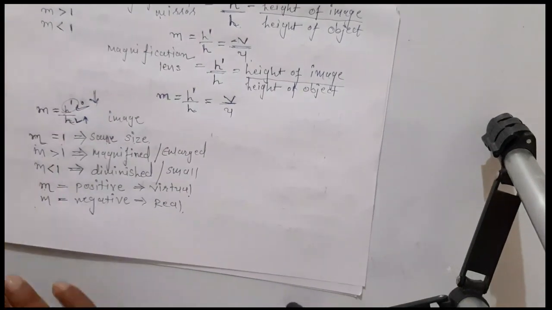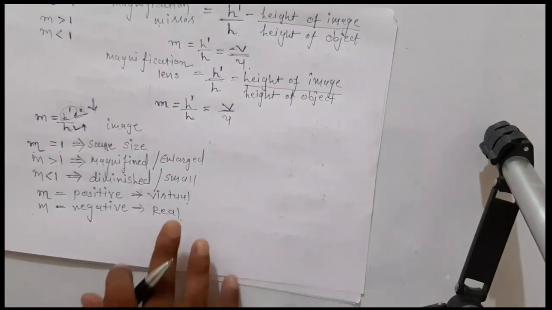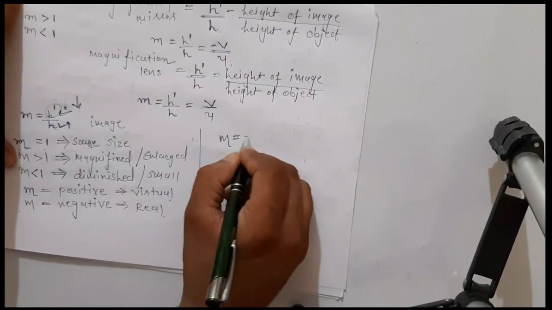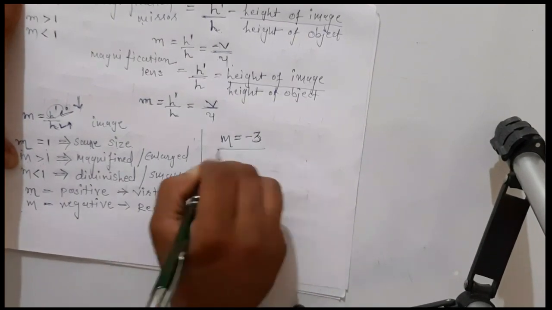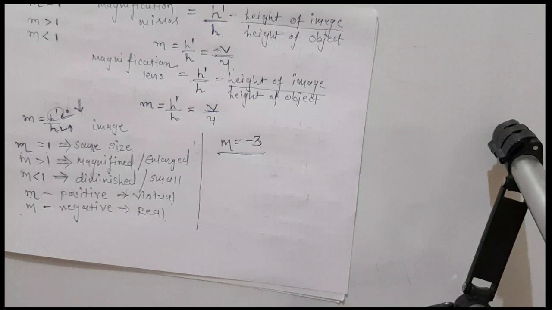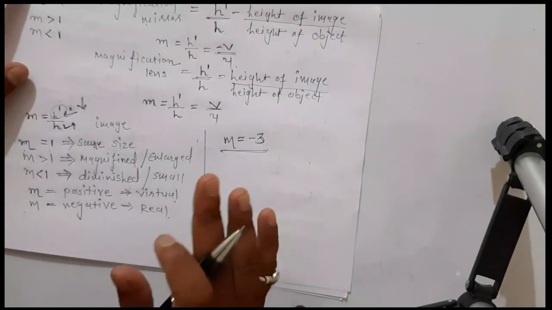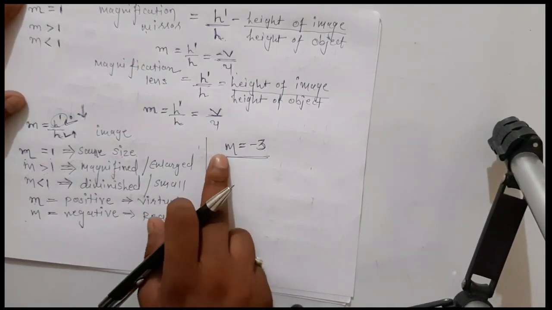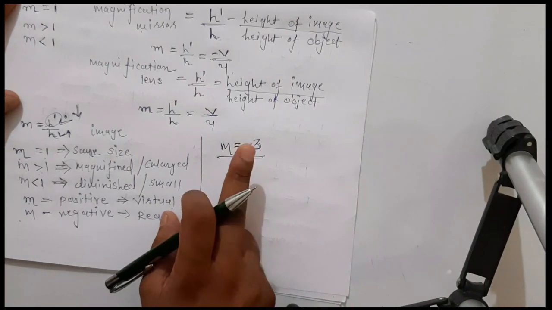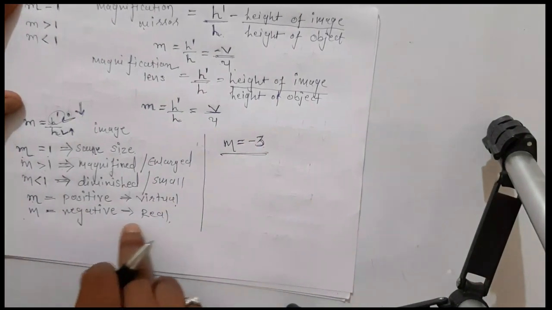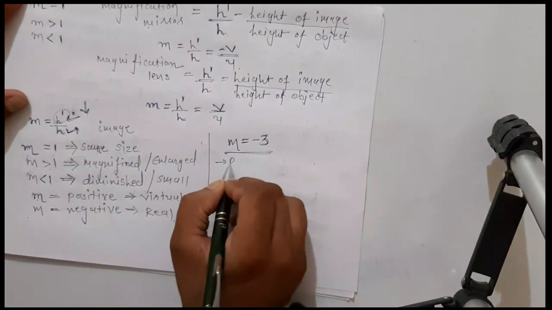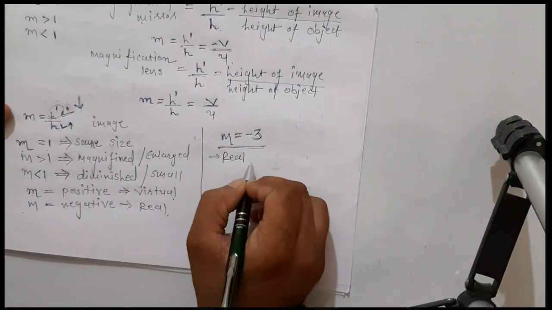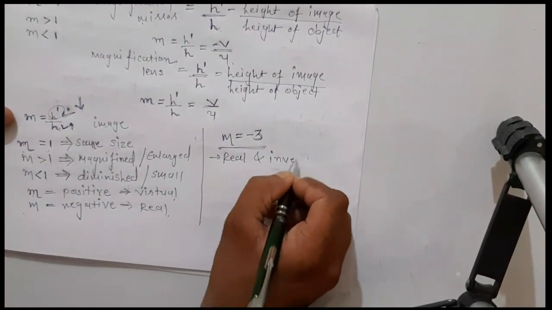Now let us understand it by one example. Suppose m is equal to -3 for an object. What does it mean? How can we get knowledge of the image which is formed? First, check the sign. It is negative, so our image will be real and inverted.